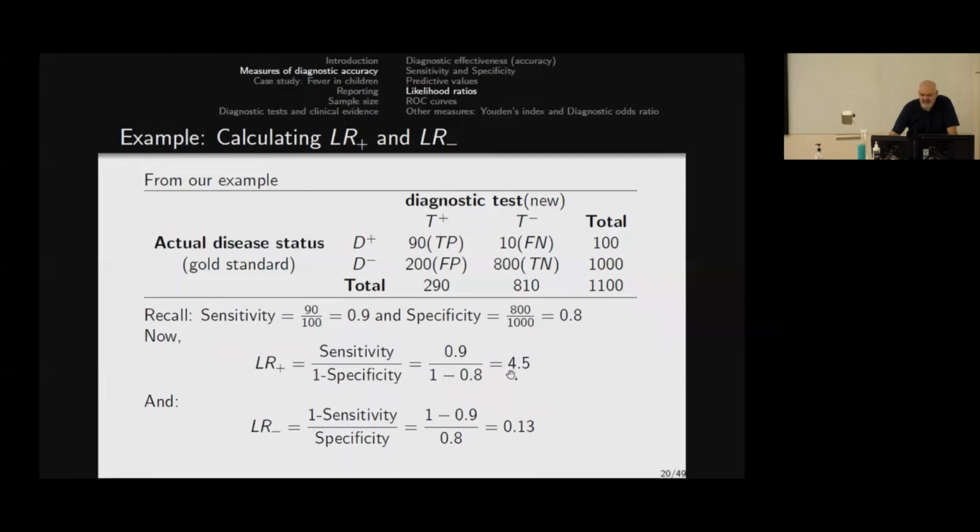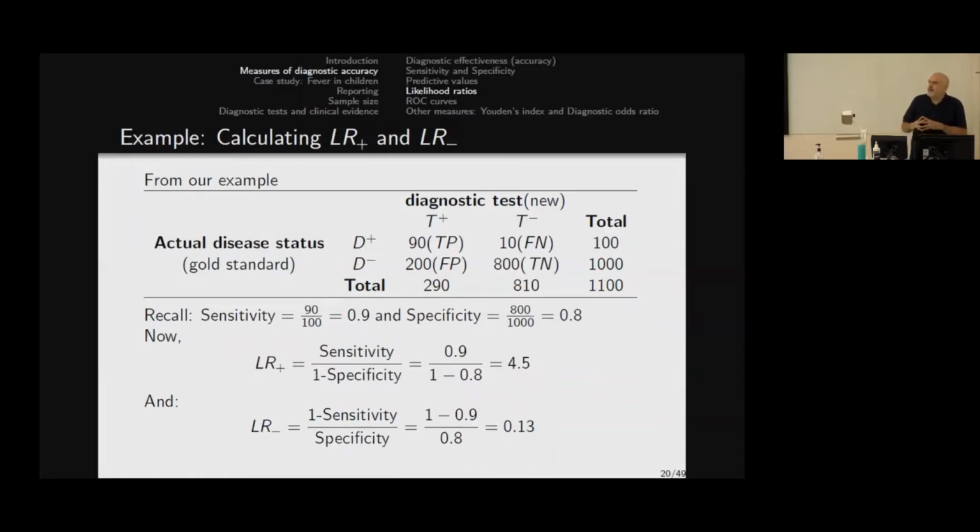So what this means is, in terms of odds, the odds of getting a positive test and having the disease is 4.5 times higher than getting a positive result if you didn't have the disease.